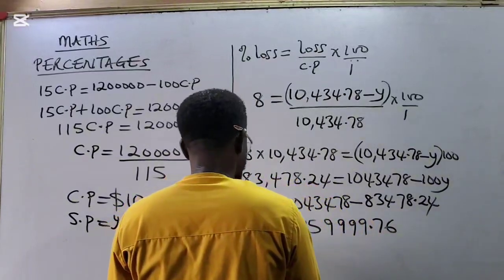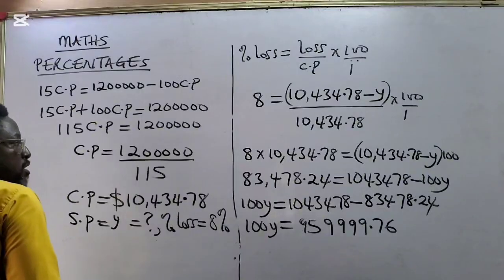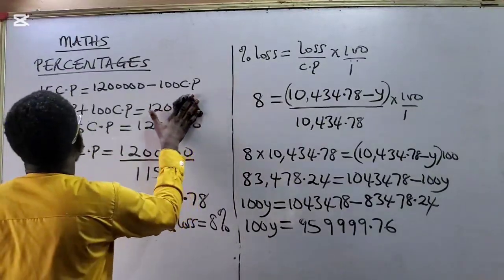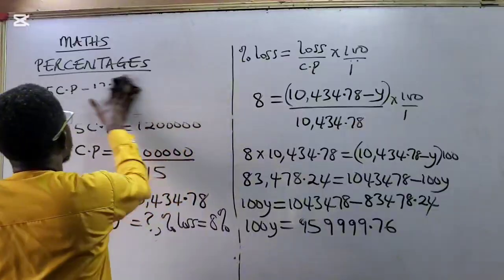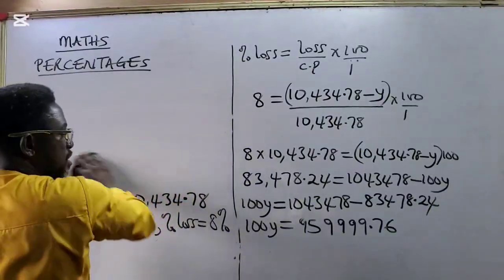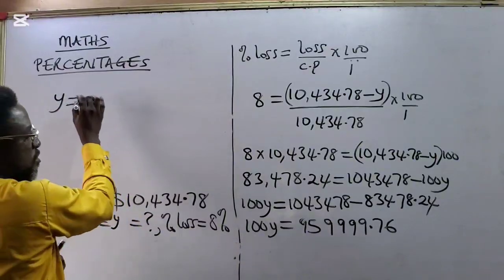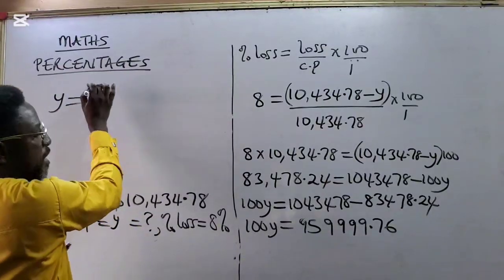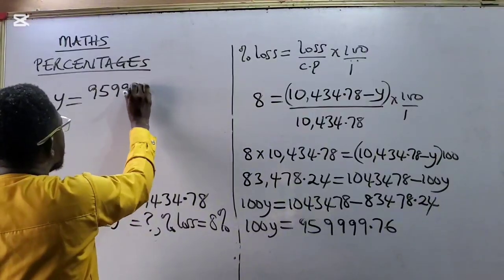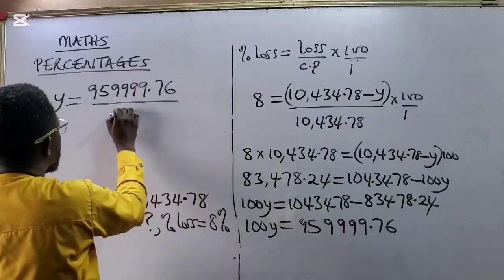So the next thing I'll do now is to divide both sides by 100. We get y equals 959.76 over 100.